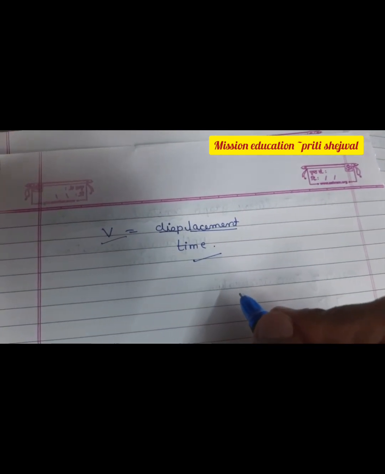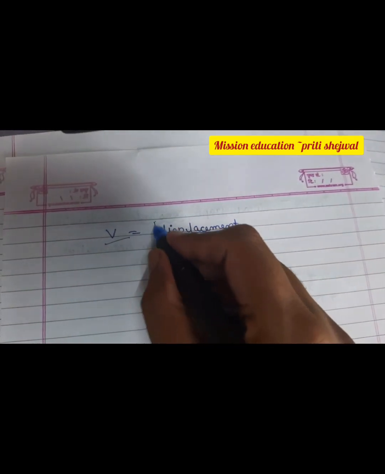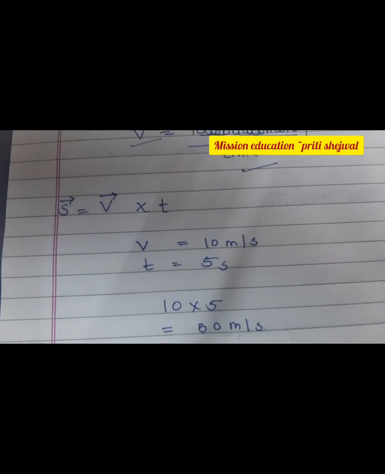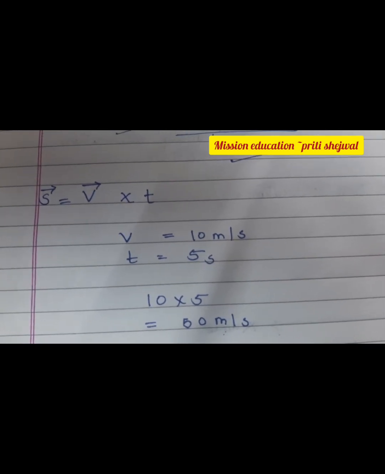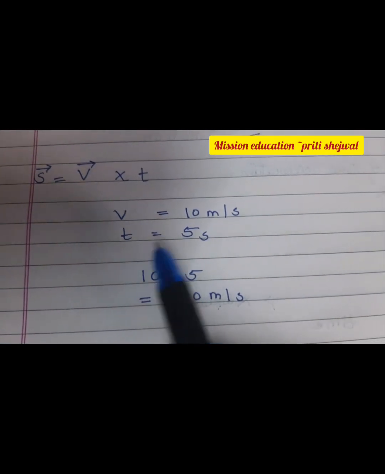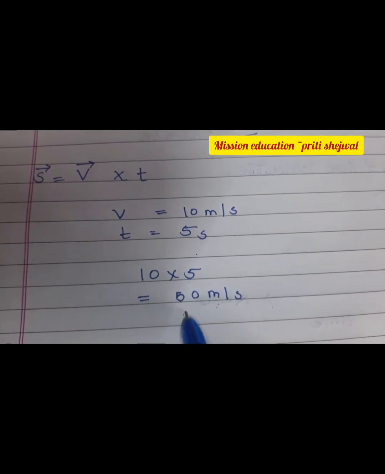If you know velocity and time, then easily you can find out displacement. So displacement we have to find out. So displacement is equal to velocity into time. So v was 10 meter per second and this time is 5 seconds.